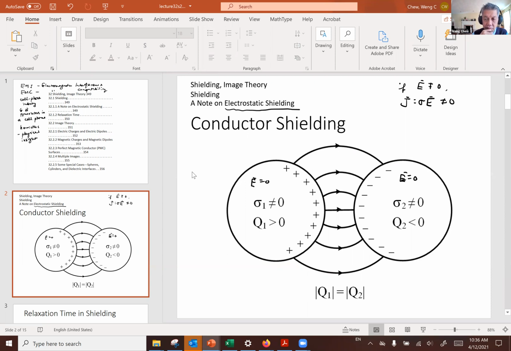The only possibility for this to happen is that E has to be 0. Otherwise, we have a contradiction. Okay, so E has to be 0 inside so that J is equal to 0. And also over this side, J is equal to 0. And then only would you have a quiescent state.